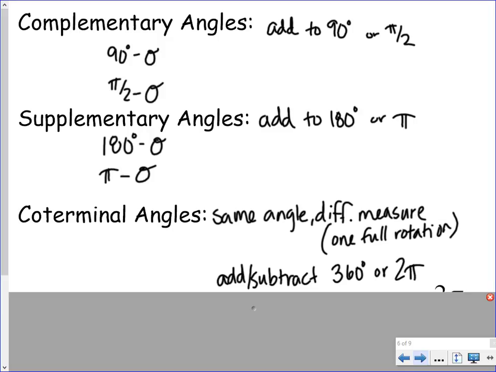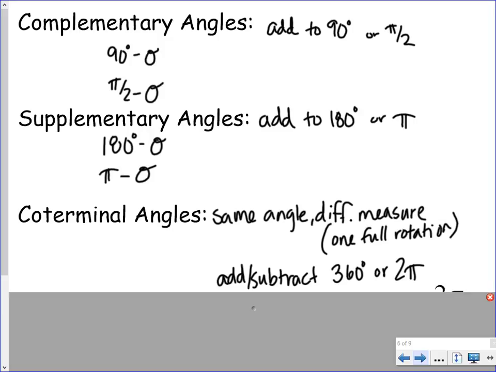Now, if I'm thinking about doing that work in my head, the only thing I'll change is that you actually want to take the angle plus the full rotation, or the angle minus the full rotation. Whereas with complements and supplements, you put the 180 or 90 first. In coterminal, you really want to put the 360 or minus 360 behind the angle.